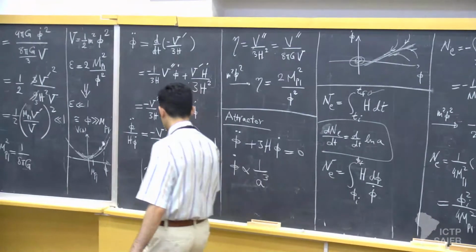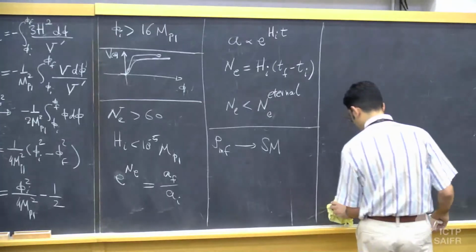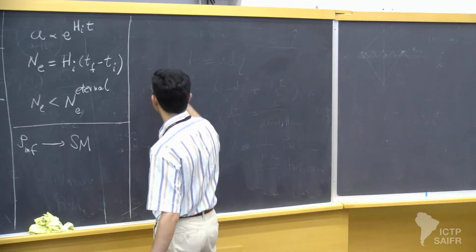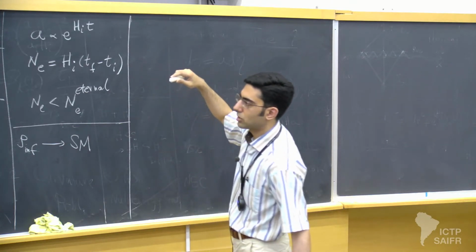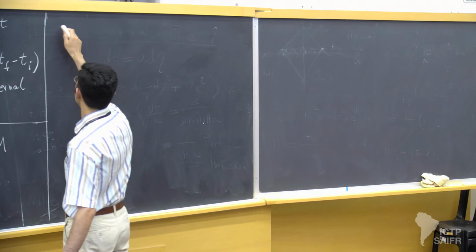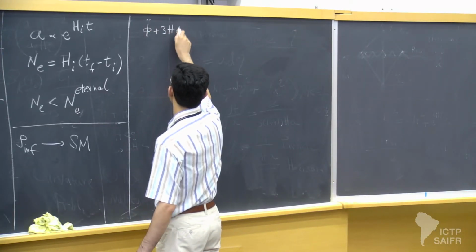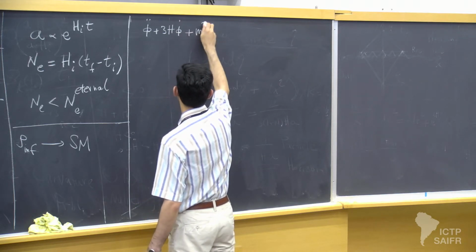So for that, it is useful to go back to the equation of motion. Let me write it down explicitly for the m² phi squared model.